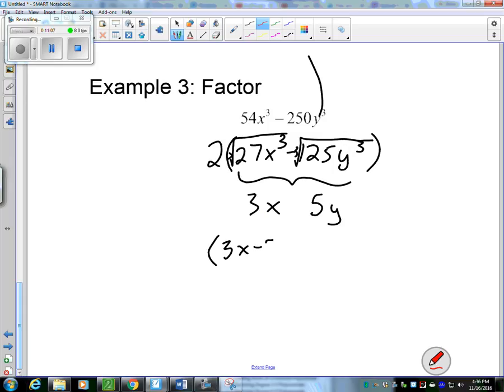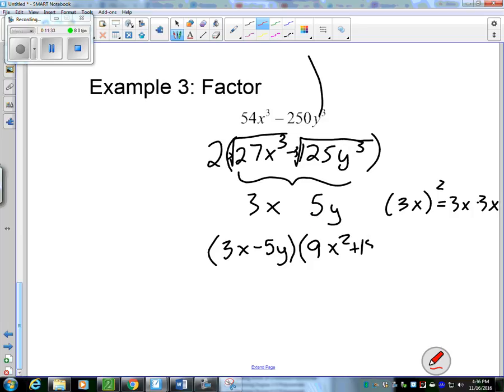And then it's a squared. Now 3x squared is the same thing as 3x times 3x, which will end up being 9x squared. So then it's the opposite sign. Now you take both a and b and multiply them together, so 15xy.